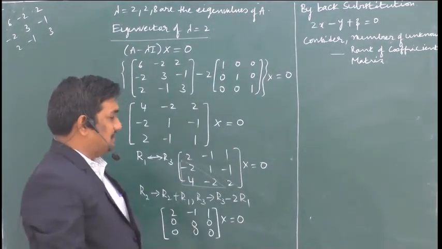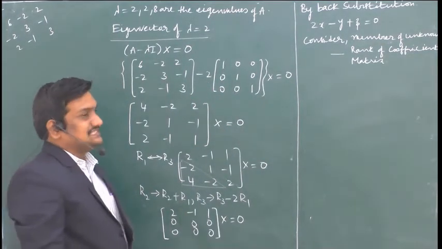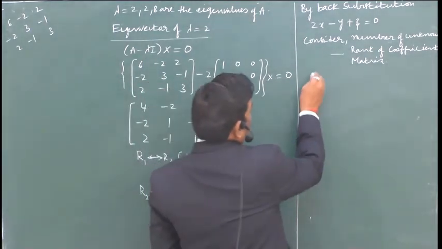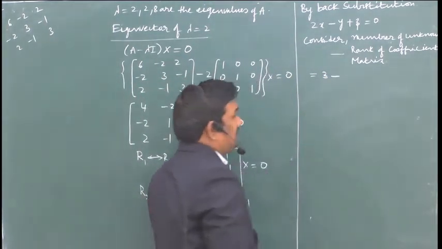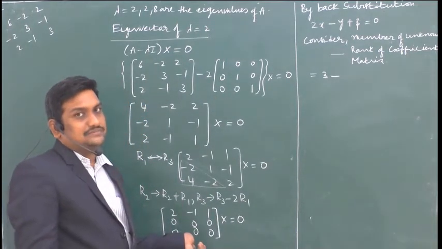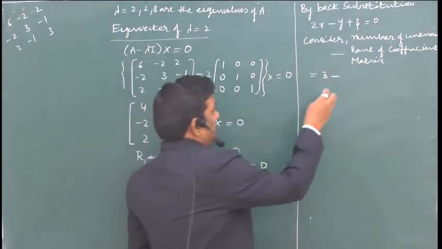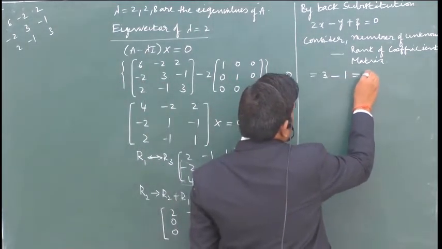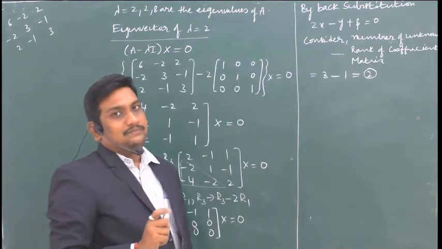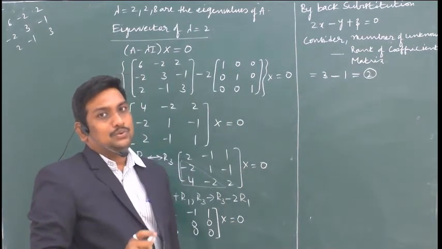Here the unknowns are xyz, so the number of unknowns is 3, and the rank of the coefficient matrix using echelon form is 1, since rank is the number of non-zero rows. So the difference is 2. Since the difference is 2, you need to assume 2 unknowns.